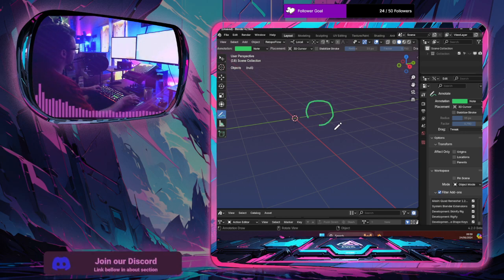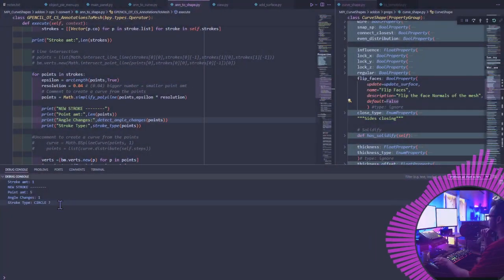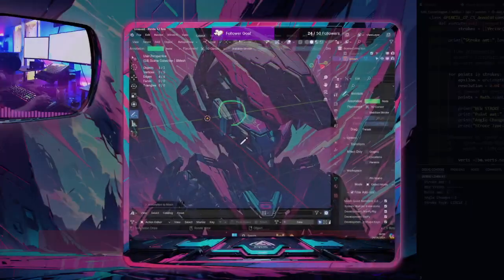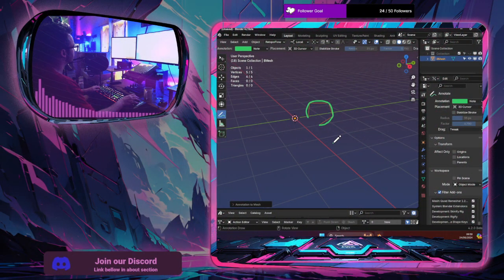Let's say I want to do an arc like that. Is that going to give me a circle? Yeah. It does have 1 angle change. It's got 5 points. All right.